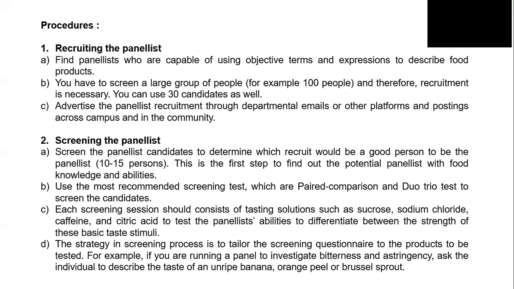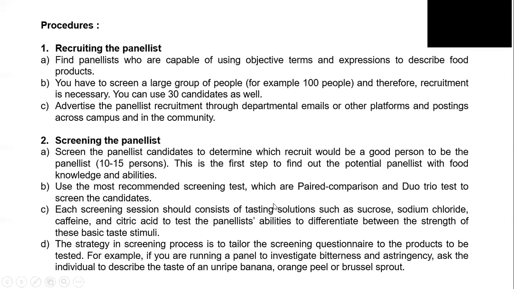You invite them to the lab for the screening process. During screening, let's say you have 100, we only want to choose the best 15 panelists who are able to get a good score during the screening testing. What tests do we use during screening?